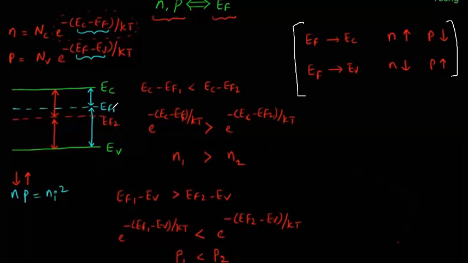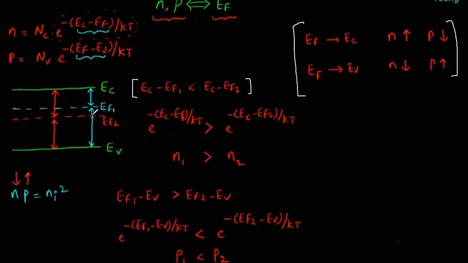So if I take the difference between the conduction band and Fermi level 1, and the conduction band and Fermi level 2, it will be a standard value.